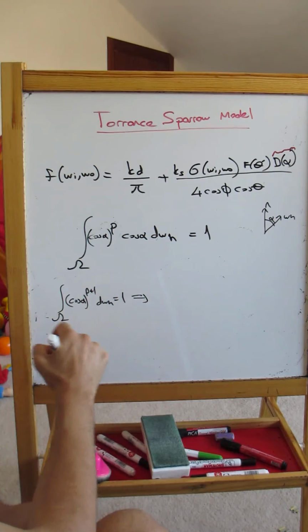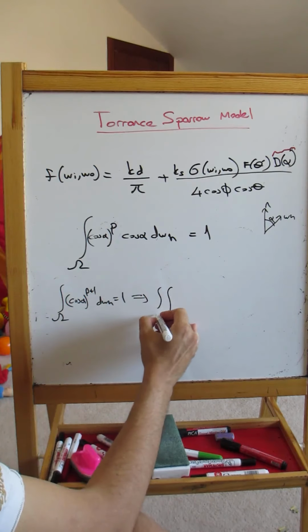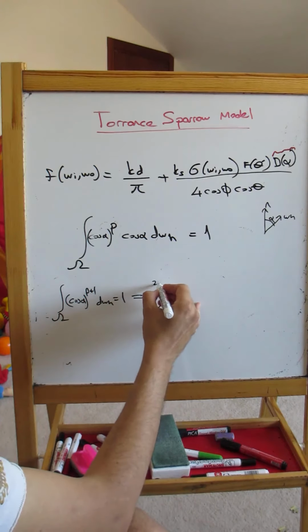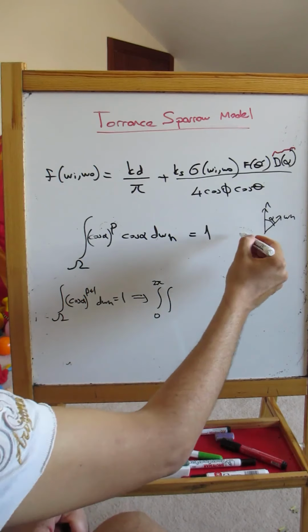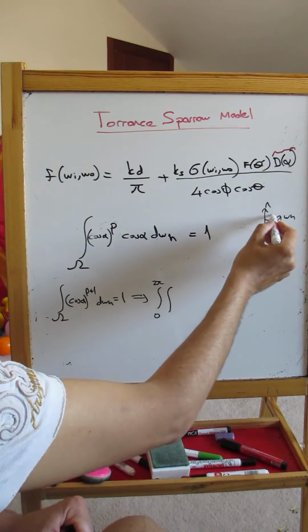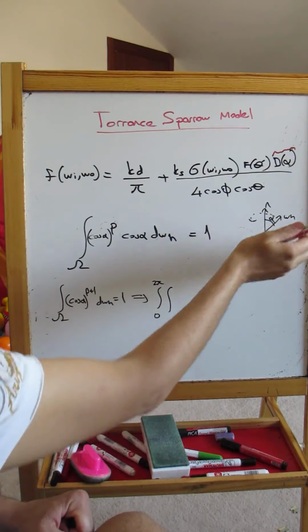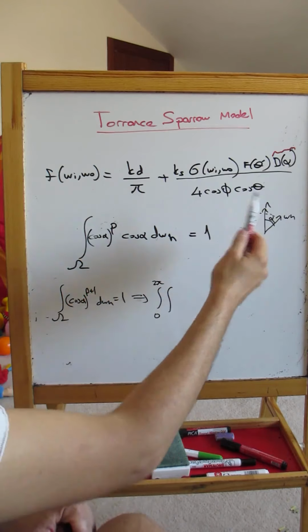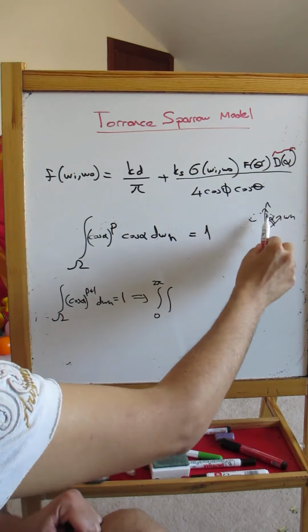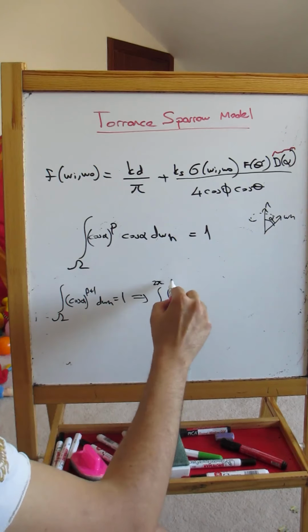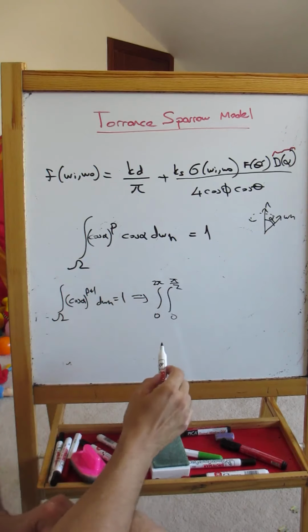So we expand this, so we are going to integrate from 0 to 2 pi, right? So all basically WHs around the normal, and also we are going to integrate from 0 to pi over 2.